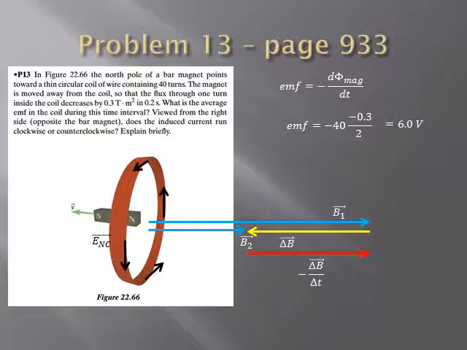And again, if I point my thumb in that direction, my fingers curl around the wire as pointed by my arrows for this non-Coulomb electric field. So in this case, I would see a counterclockwise direction. And that's briefly how you get this answer.